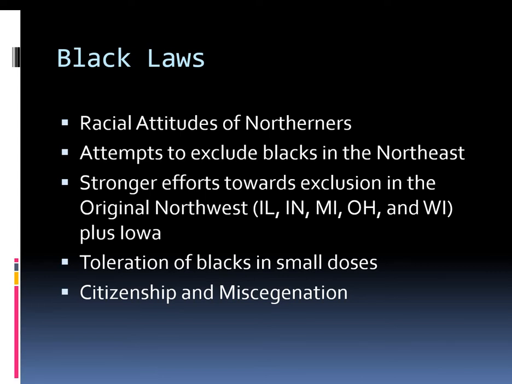But for the most part, the racial attitudes were that blacks were indeed inferior, that there was not much use for them, that they could be lazy, certainly weren't intelligent. These were viewpoints that were prevalent in the North. Oftentimes, Northerners loved to be free of slavery because they'd be free of blacks.